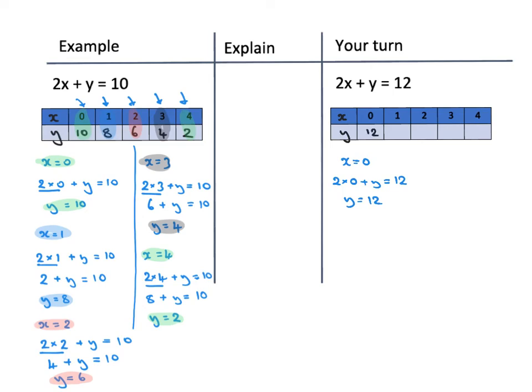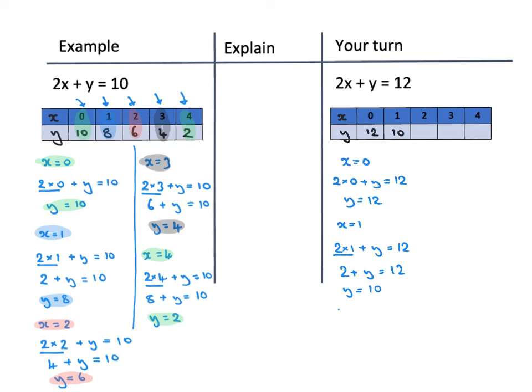Now, the next value is when x equals 1. Now, 2 multiplied by 1 plus y equals 12. 2 times 1 is 2, so 2 add y equals 12. In other words, y equals 10. So the next value in our table is 10.